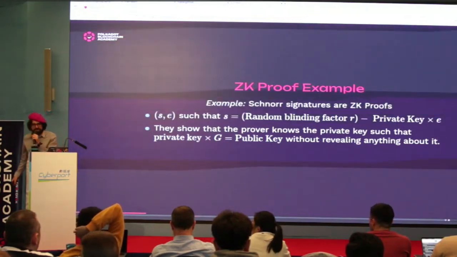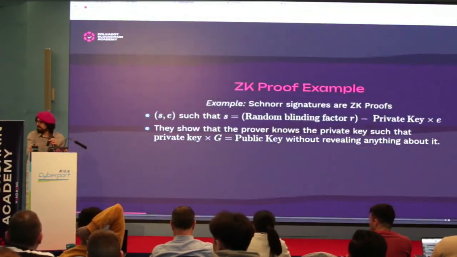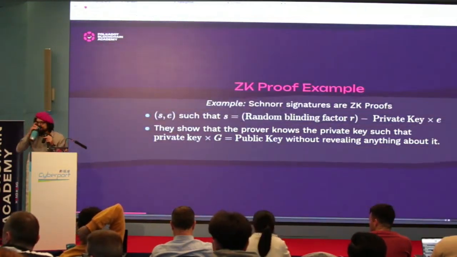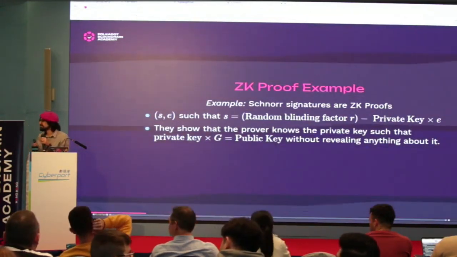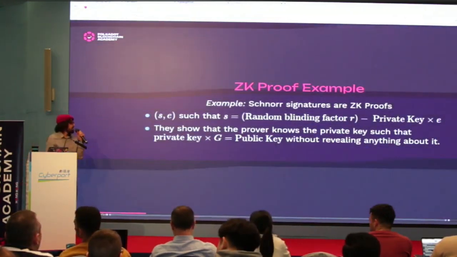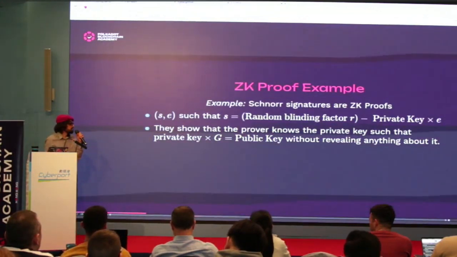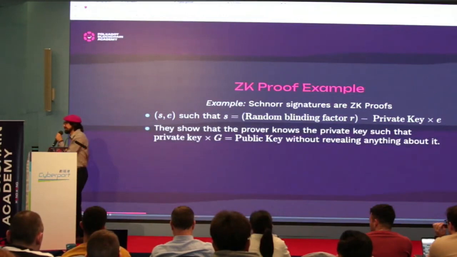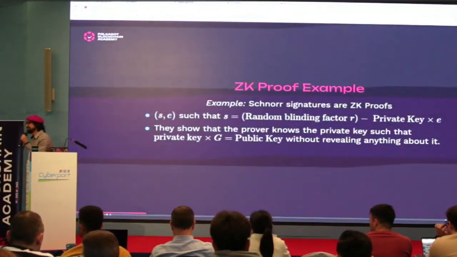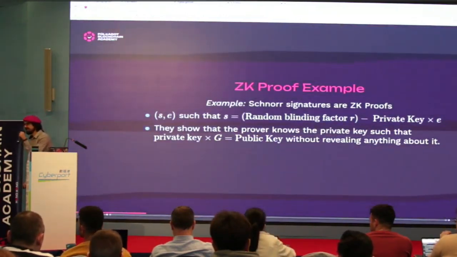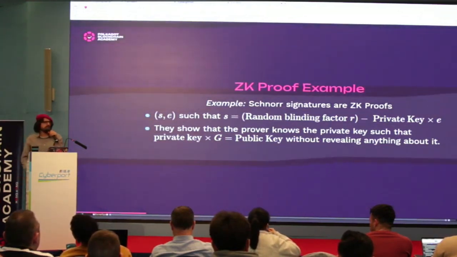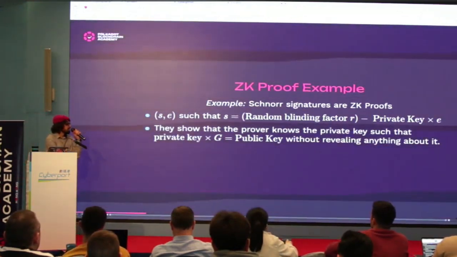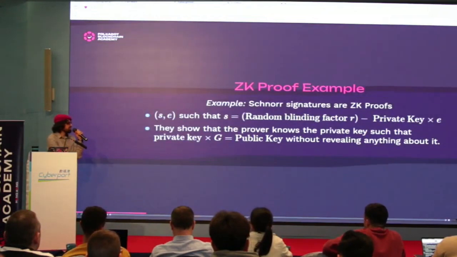Question at the mic. Isn't that true for any signature scheme? Because in a signature, you prove that you have the private key without revealing the private key. Maybe, but BLS is completely different.